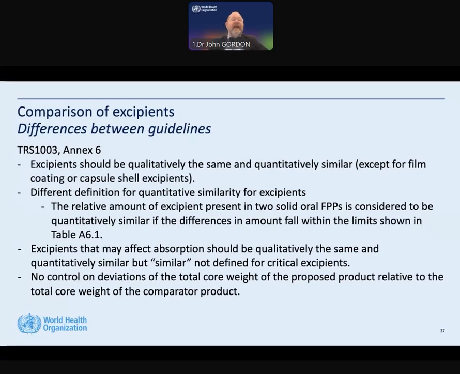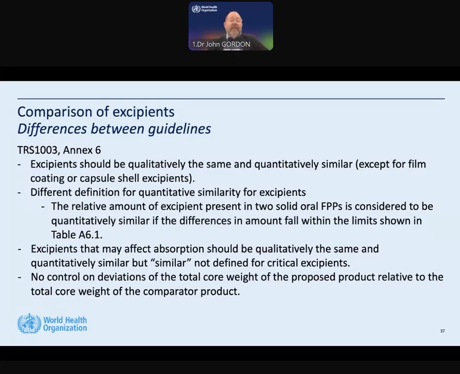Again, looking quickly at the differences between the guidelines in terms of this evaluation of excipients. The old WHO guideline stated that excipients should be qualitatively the same and quantitatively similar, just as the new guideline does. However, a different definition for quantitative similarity for excipients existed in the previous guideline.